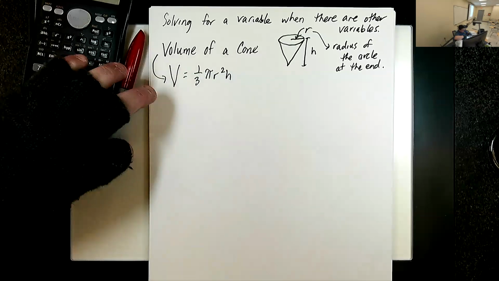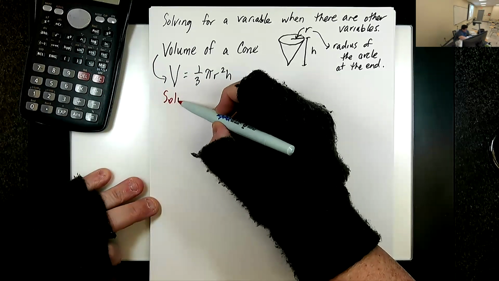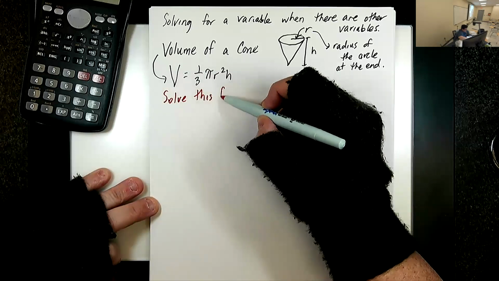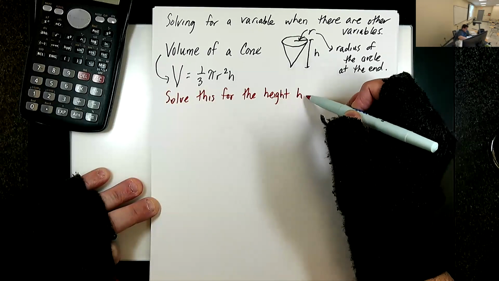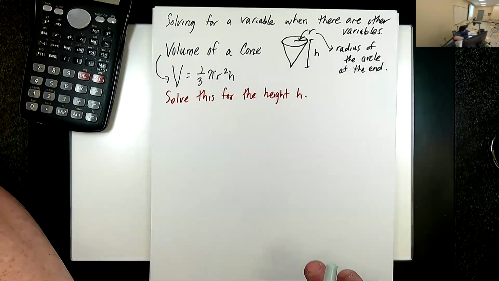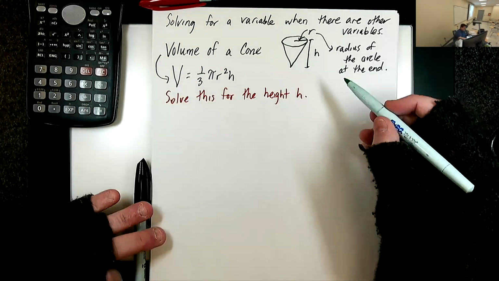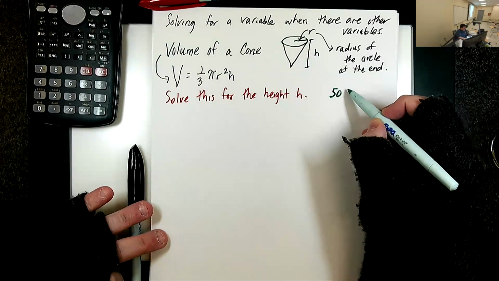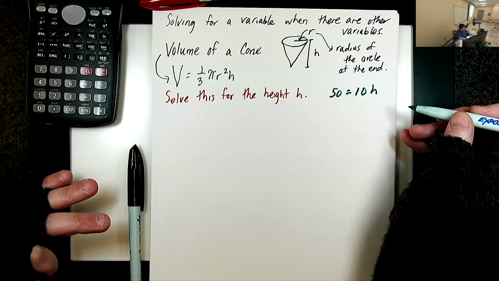So what we're going to do is solve this for height, or the height h. Just as an example, if this said 50 equals 10h, how would I solve this for h?